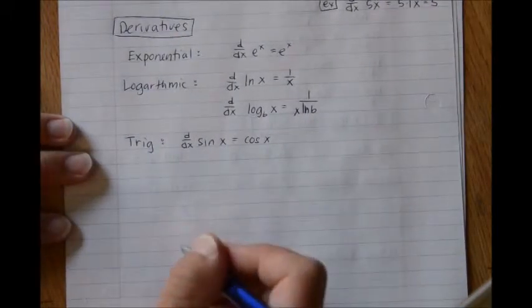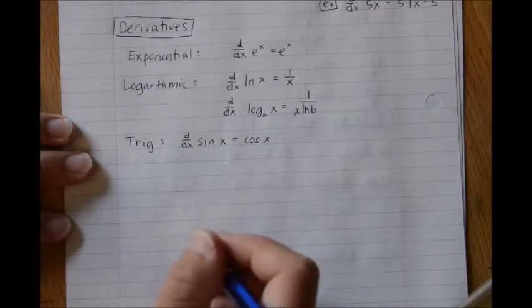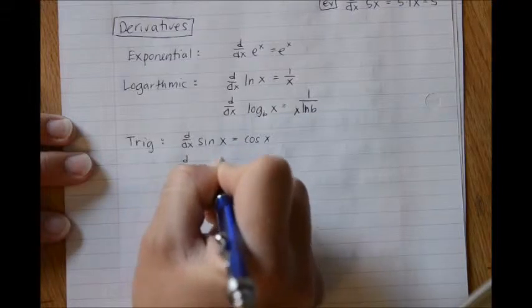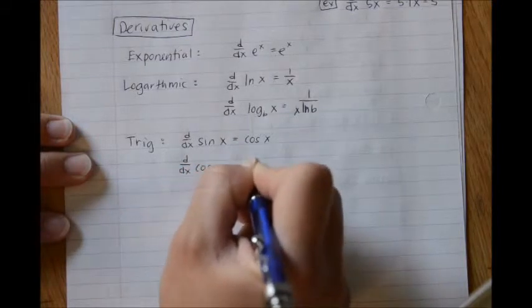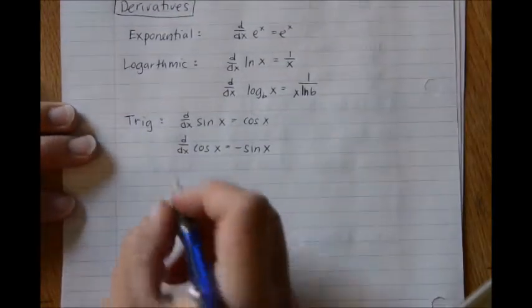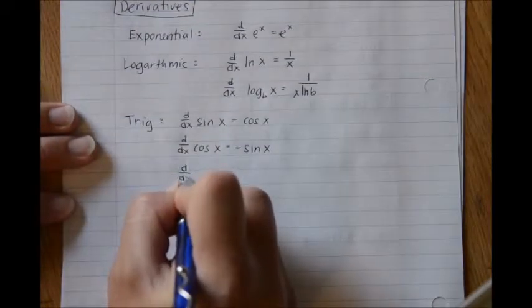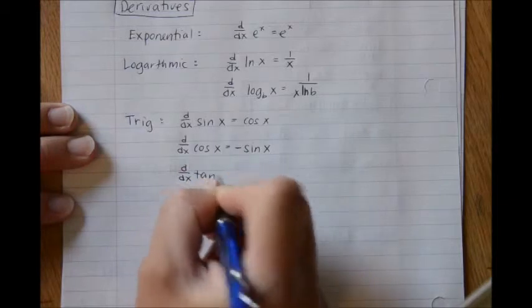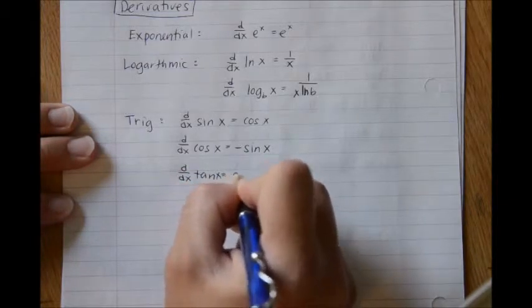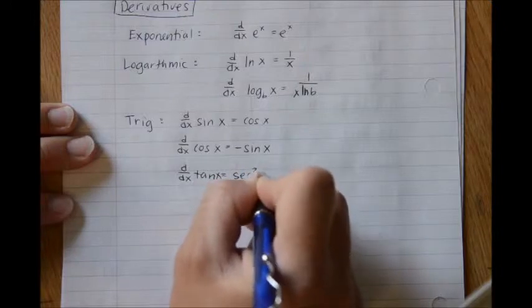But you have to be careful because the derivative of cosine is equal to the negative sine of x. So you have to be really careful with those signs. The derivative of tangent of x is equal to the secant squared of x.